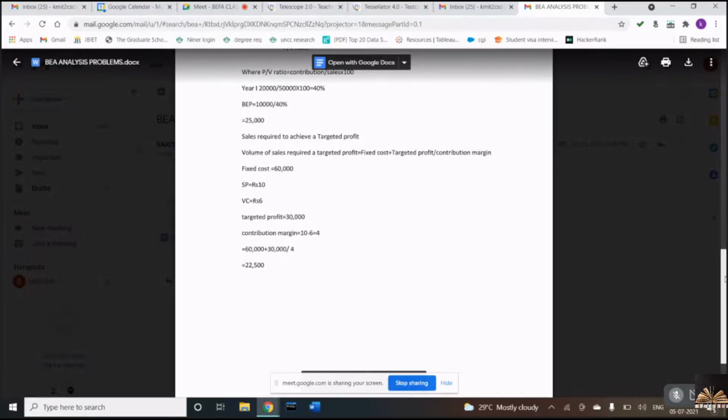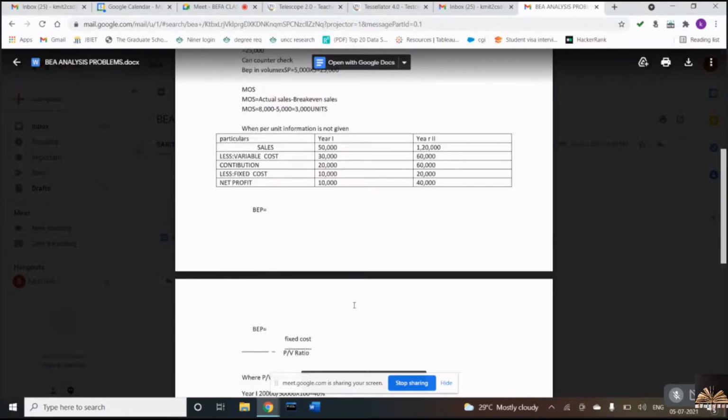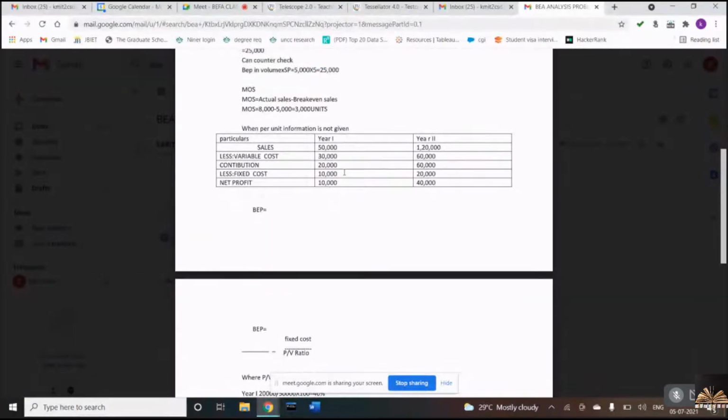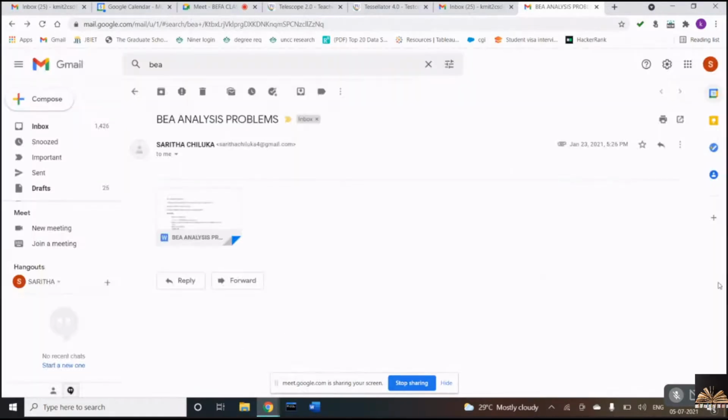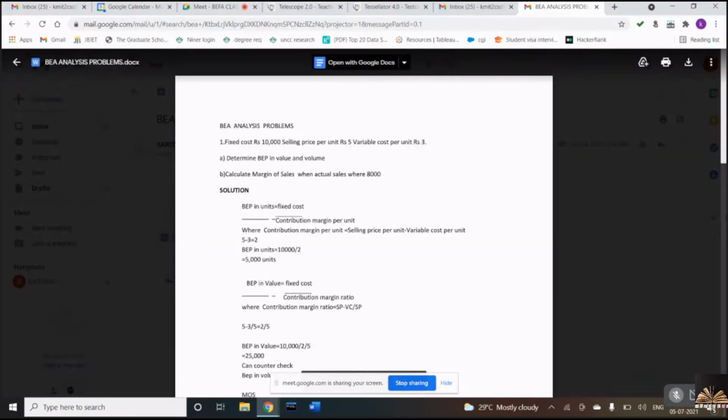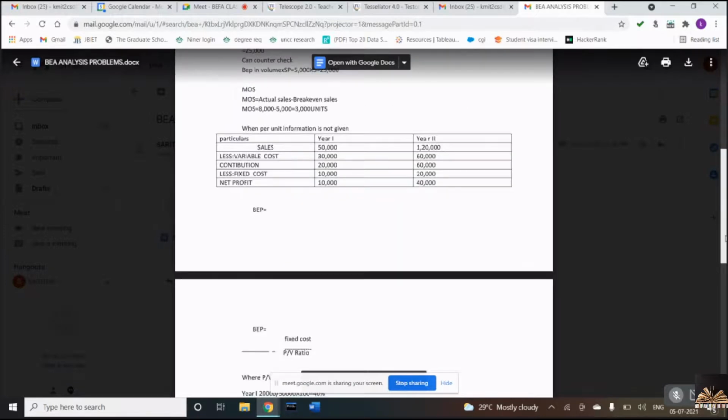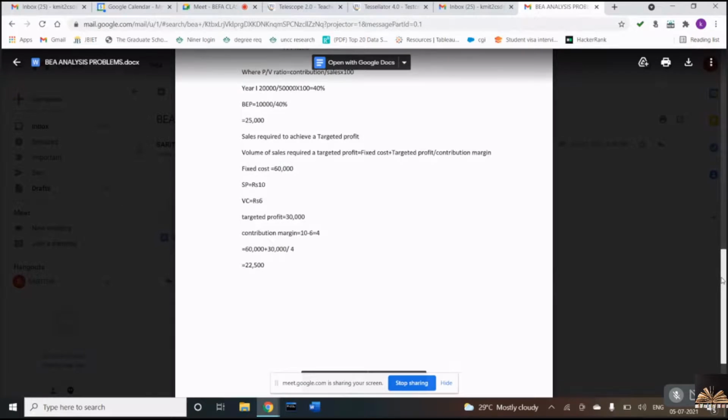Now what is BEP? BEP is equal to fixed cost by PV ratio. How much did we get for PV ratio? Contribution for the first year is 20,000 and sales are 50,000, so contribution by sales into 100 gives a PV ratio of 40%. The fixed cost is 10,000. This is how you calculate the break-even point when there is no per unit information.